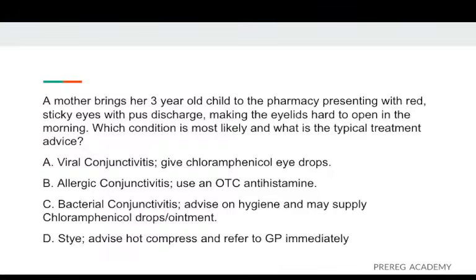What other medication can be given for allergic conjunctivitis aside from OTC antihistamines?